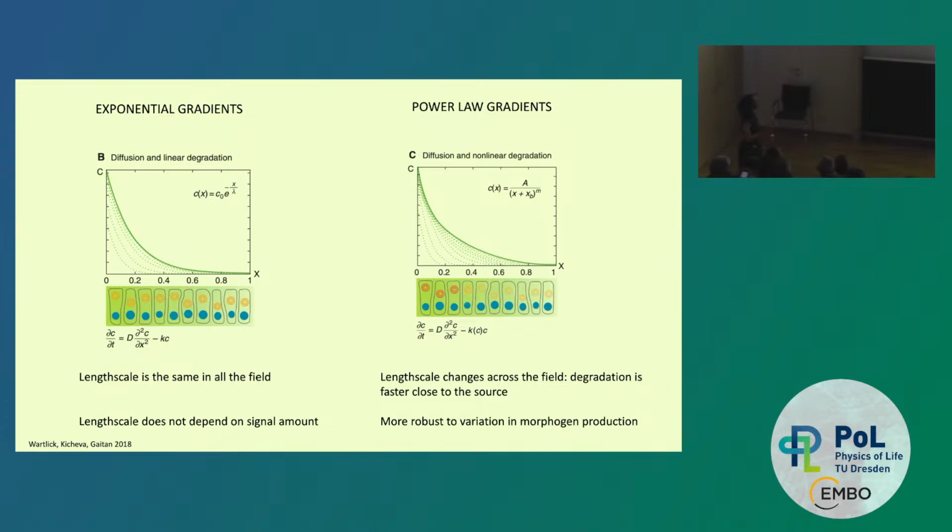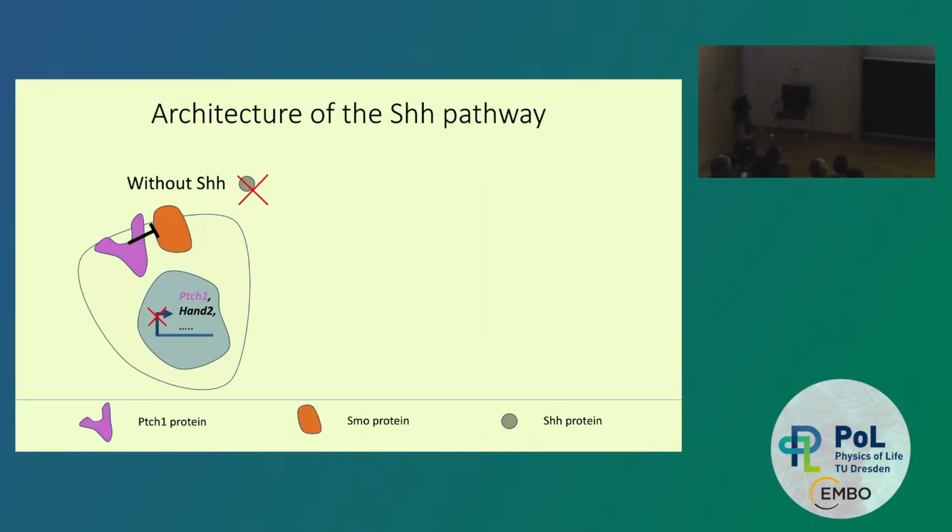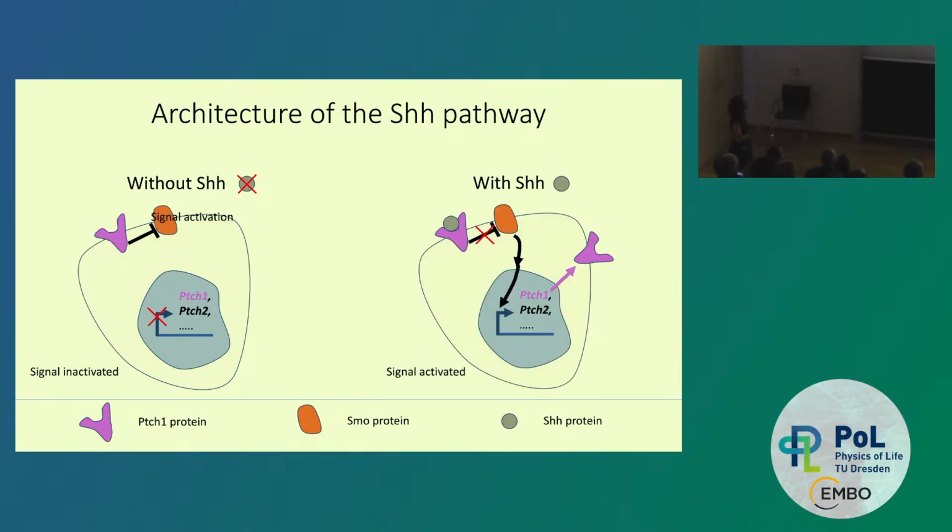We were also considering that we may see a power law gradient when thinking about Sonic Hedgehog signaling, because Sonic Hedgehog has this architecture where Patched is a receptor for Sonic Hedgehog that's inhibiting Smoothened, and then when Sonic binds, this inhibition is released, Smoothened acts, and then you induce Patched. So there's this feedback where you induce more Patched, you generate more negative receptors on the cell surface.